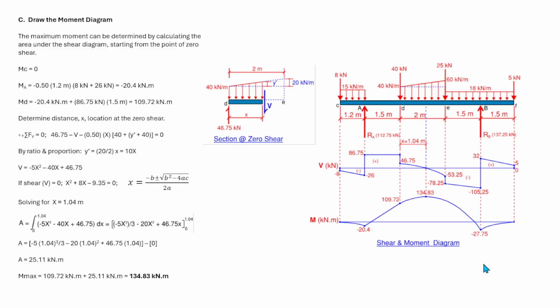So the moment at point B is equal to the moment at the cantilever end. If we sum up moment at the cantilever end, that is 5 times 1.5 plus 18 kilonewton per meter times 1.5 squared over 2. So that is equal to negative 27.75.